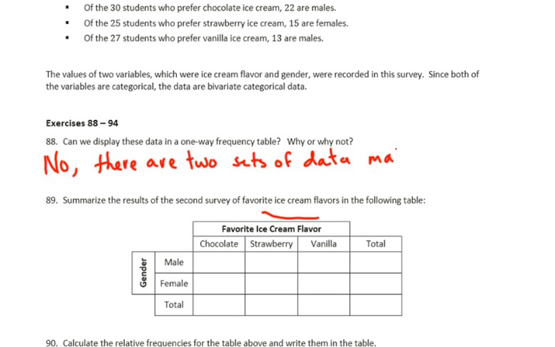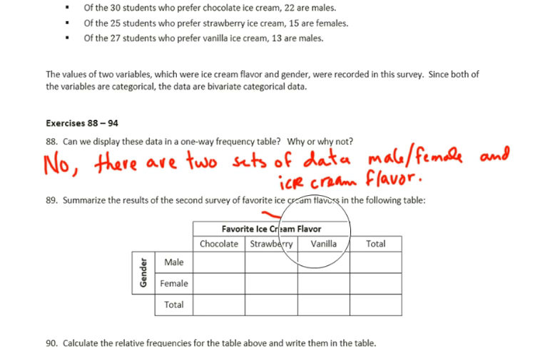Male or female, that's one that we're asked. And ice cream flavor. So we need a two-way table now for this one. Summarize the results of the second survey in the table below.